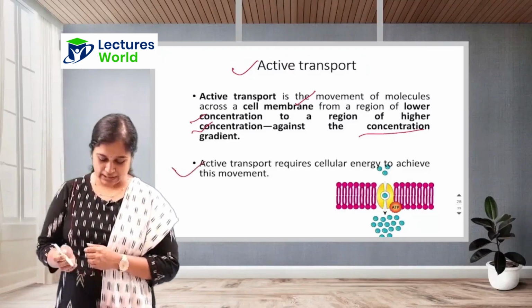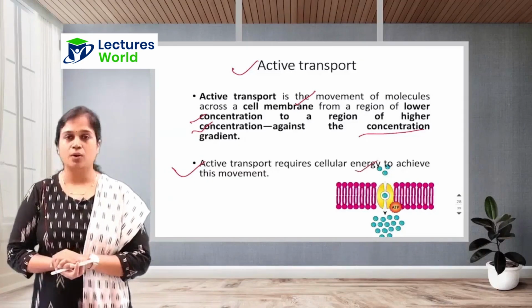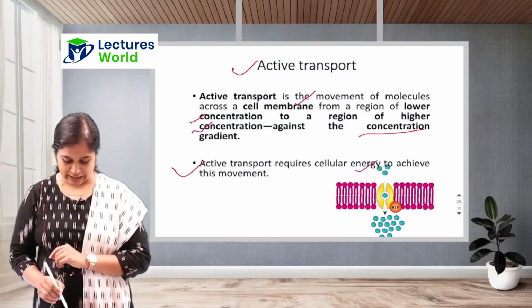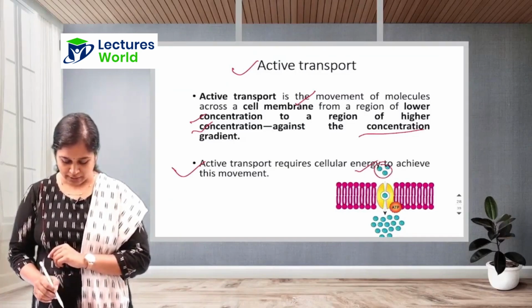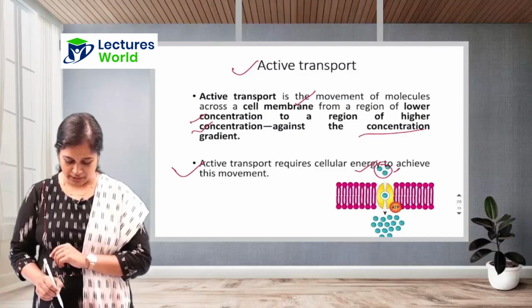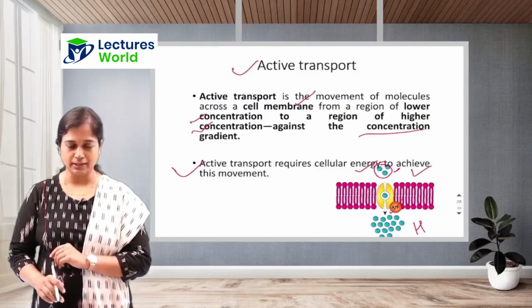Active transport requires cellular energy to achieve this movement. You can see these molecules transporting from a lower concentration over here to a higher concentration over there. Transporting from this to this requires energy.